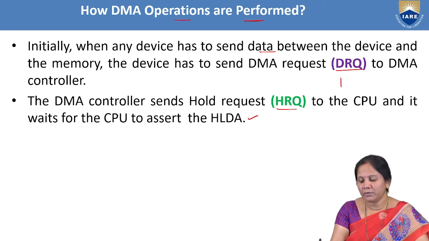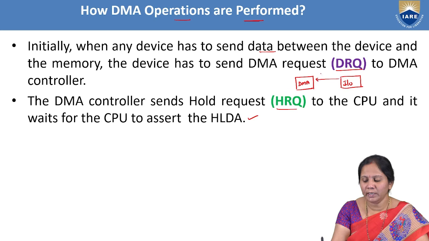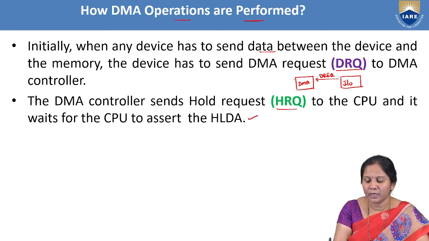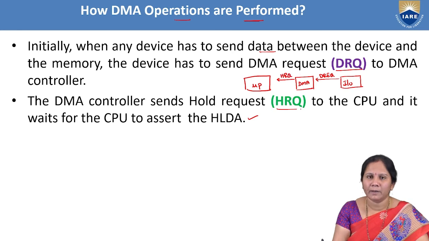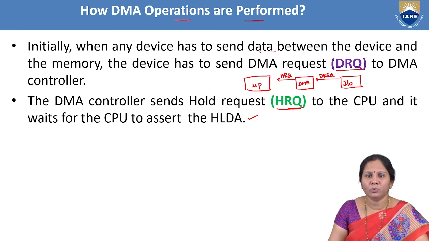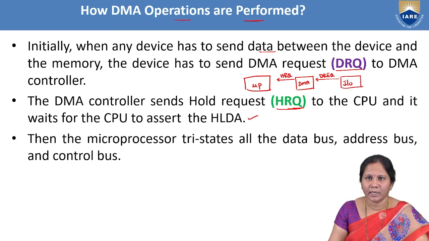If you observe here, this is an I/O device and here we have the DMA controller. The I/O device is going to send the DREQ signal, and after this DREQ signal is received by the DMA controller, it is going to send the HRQ signal to the microprocessor. So this is the HRQ signal to the CPU, and it waits for the CPU to assert the hold acknowledgement signal.